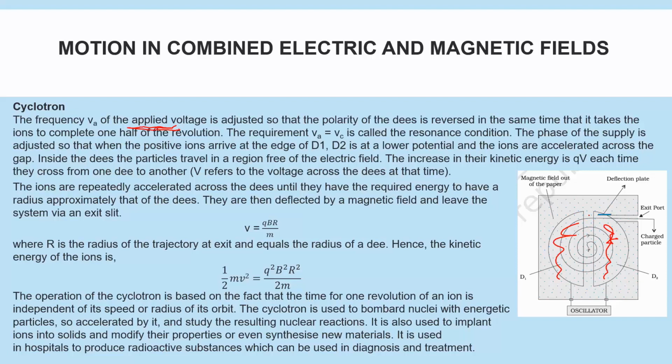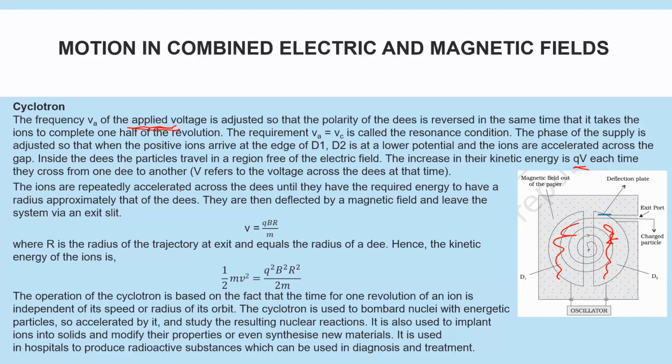Okay, and as soon as it reaches this gap, the phase of the supply is changed, which accelerates the particle and it moves into the other D. Okay, so there is an increase in the kinetic energy, which is equal to qV each time that it crosses from one D to another. Okay, so the V over here is the voltage that is there across the Ds at that time.